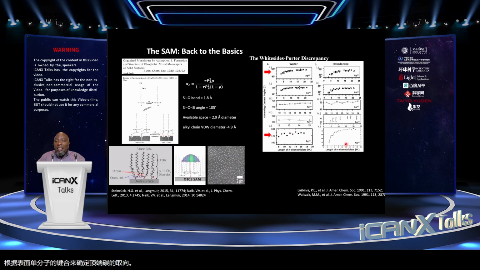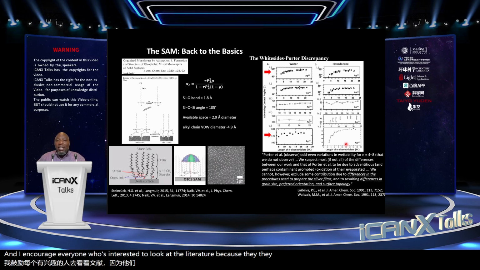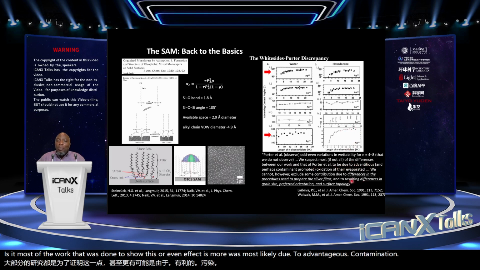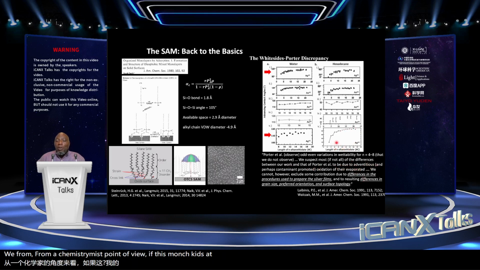And I encourage everyone who's interested to look at the literature, because the claim made at that point, the discrepancy, is that most of the work done to show this odd-even effect was most likely due to adventitious contamination. However, from a chemistry point of view, if these molecules are well ordered, as shown before, we should expect to see an odd-even oscillation.